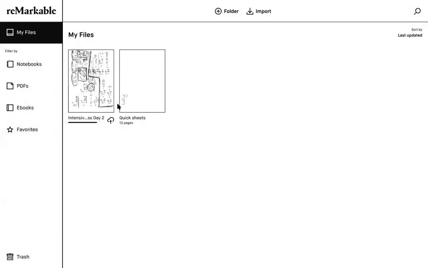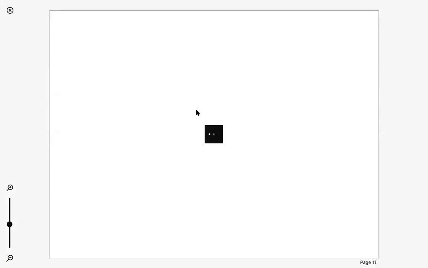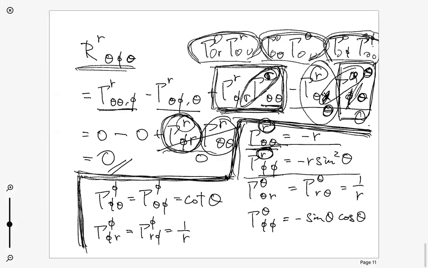Actually, if we study GR well enough, we don't really need to verify that all the components of the Riemann tensor in the spherical coordinates are all 0. Why?